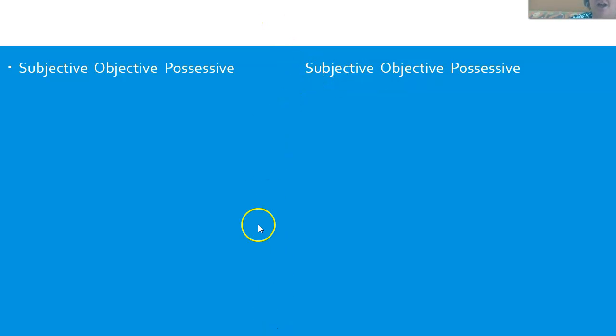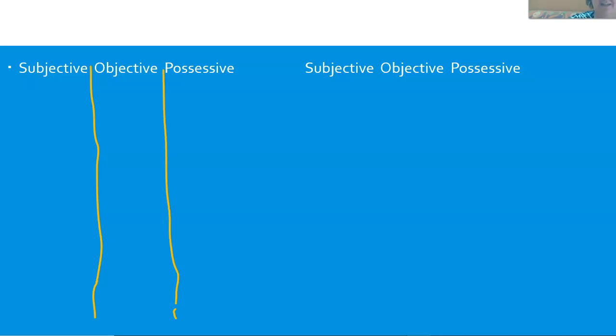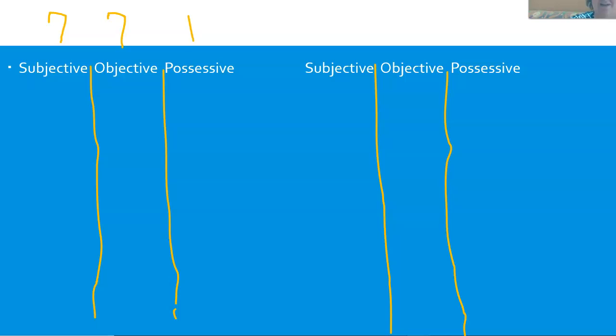What you're going to try to do is to write all of the correct words in the correct column and see which row or which team can get all of the pronouns in the right place. Remember, it's 7, 7, and 12.